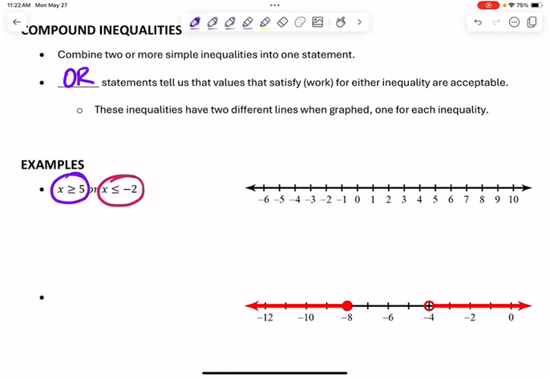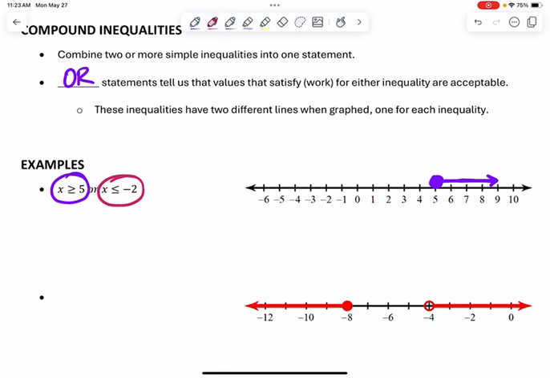I'm going to graph the one I've circled in purple first, so I'm going to put a circle on the 5. That circle is going to be closed because it has an or equal to portion. And I am going to point my arrowhead to the right because all of the values greater than 5 are like 6, 7, 8, 9, etc. And that's where they lie. They lie to the right of my endpoint.